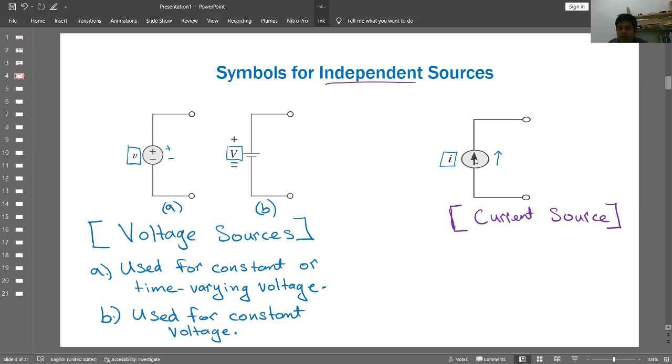This arrow could be going upwards, or it can also be drawn going downwards, so it depends on the flow of current. It's the same thing. The only thing that would change is the direction, and the direction will refer to whether it's a positive or a negative current flowing through the circuit. Okay, I believe that's clear enough.